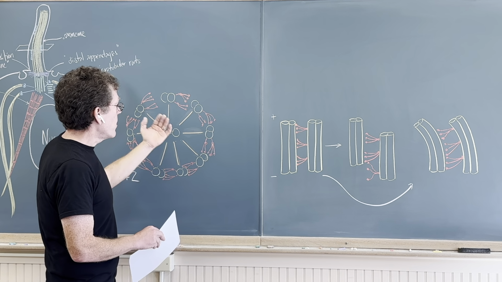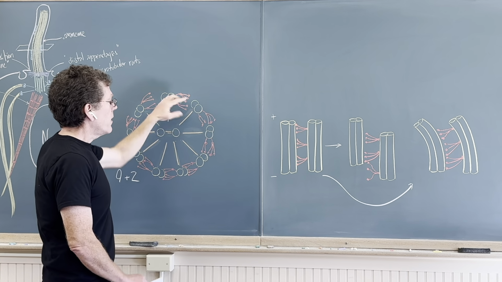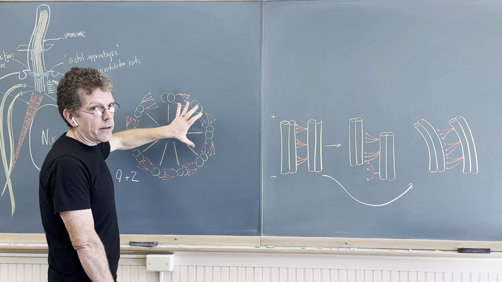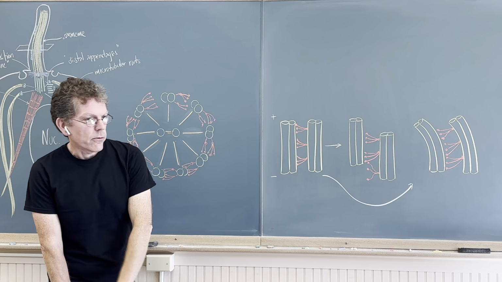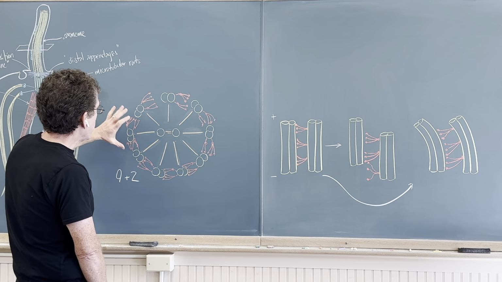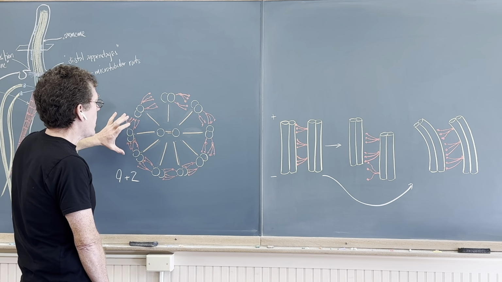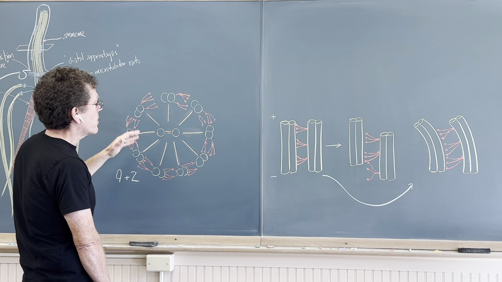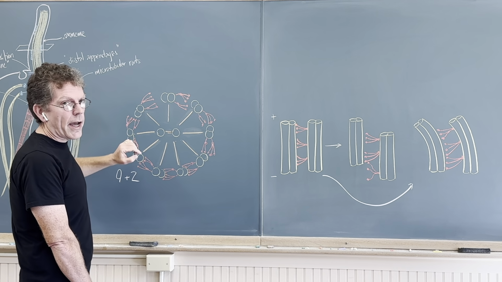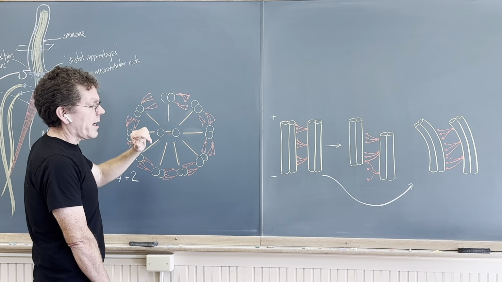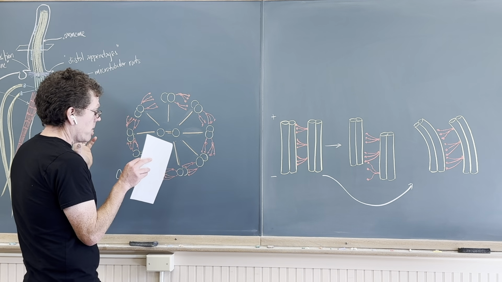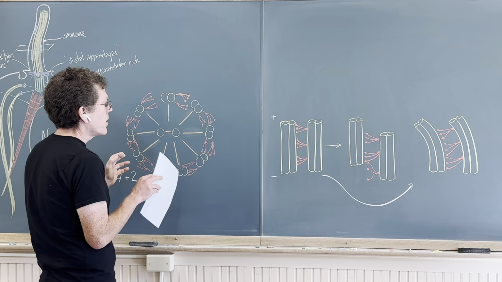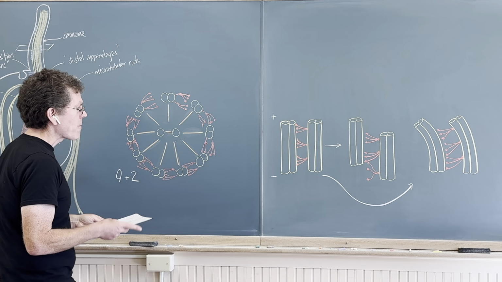For example, to propagate a bend one way, the dyneins on this side of the cilium might be active, and then to reverse the stroke the other way, the dyneins on this side of the cilium might be active. It remains a subject of considerable research interest how the structure of the axoneme coordinates the activity of dyneins to produce the ciliary beat.